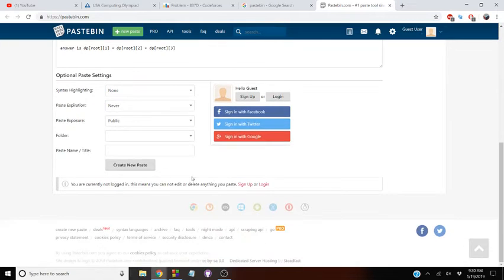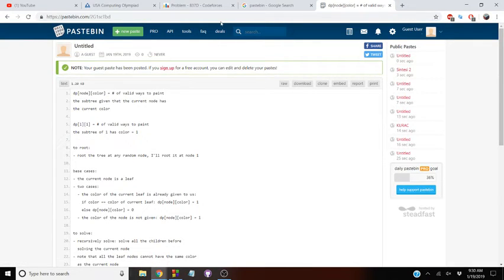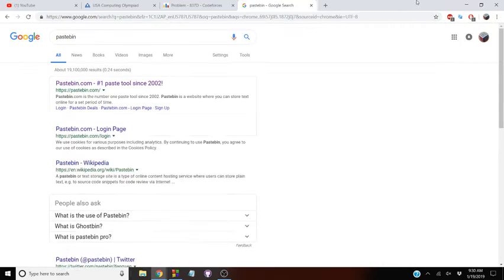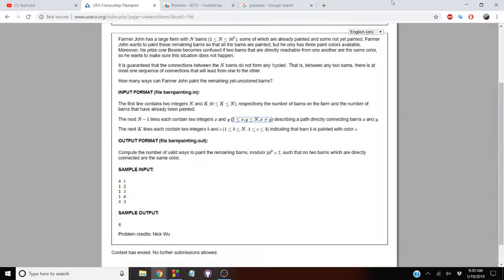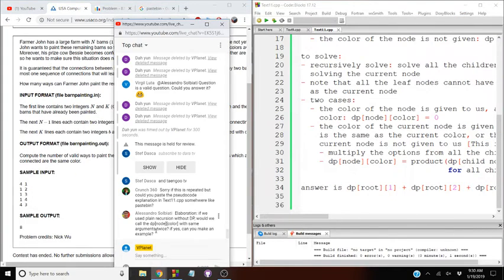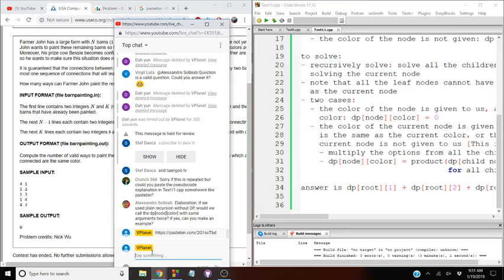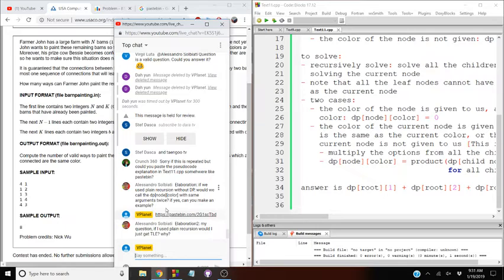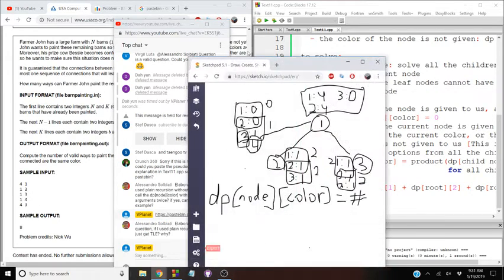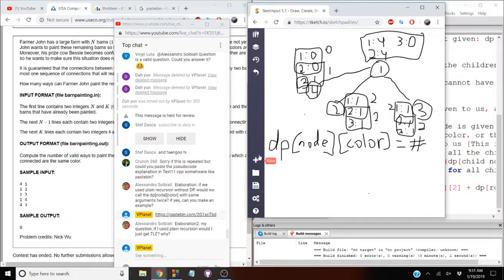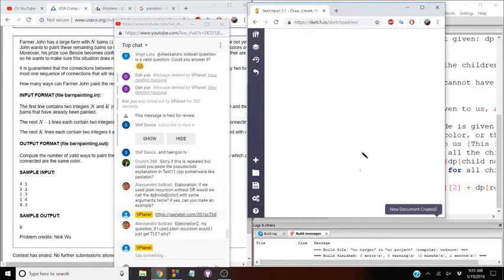If we could use plain recursion without DP, it would be called... Yes, you would. Okay, I get what you're saying. So let's make this a new example here.